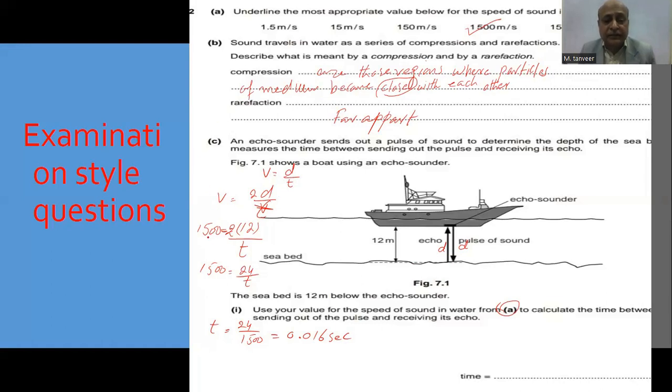V is a constant quantity, you have to memorize it. V equal to 1500, 2D is 12, which is given in the question. This is the D, and time you have to calculate. So 1500 equal to 24 divided by time, or T equal to 24 divided by 1500, that is 0.16 second.